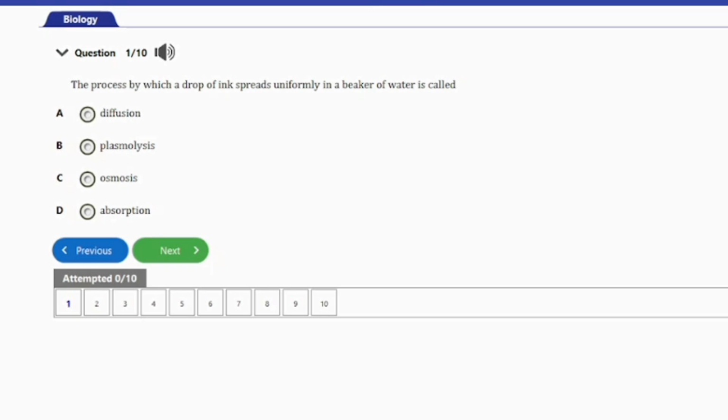Actually, when molecules spread from the region where they are more concentrated to the region where they are less concentrated, that's the phenomenon of diffusion. A drop of ink that spreads uniformly in a beaker of water is a concept of diffusion, and that's option A.